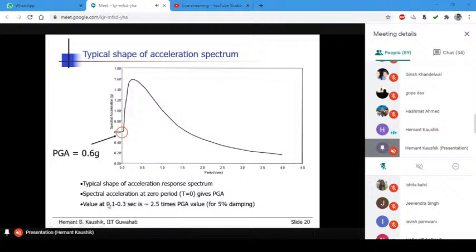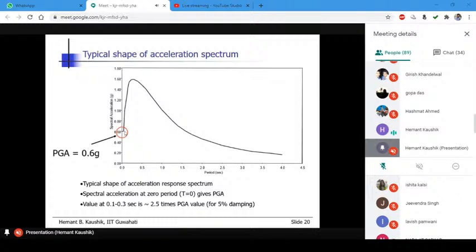Normally this is between 0.1 and 0.3 seconds. Up to 0.1 seconds it increases, and between 0.1 and 0.3 seconds it more or less remains constant, and after 0.3 seconds it starts reducing. Now between this zone, 0.1 and 0.3 seconds, the value of spectral acceleration is about 2.5 times the peak ground acceleration. Okay, for 5% damping.